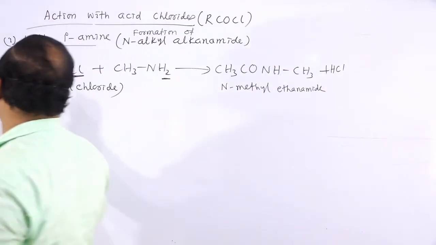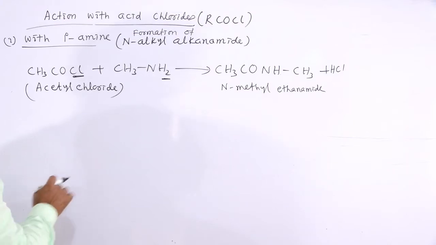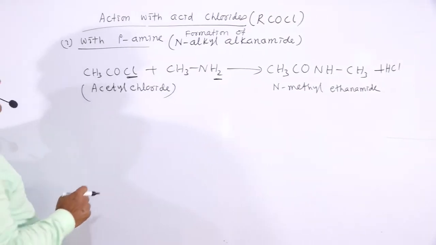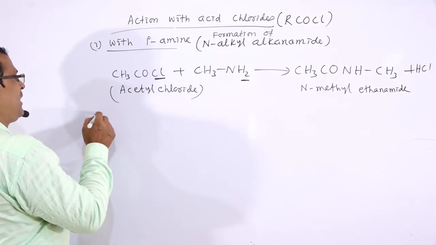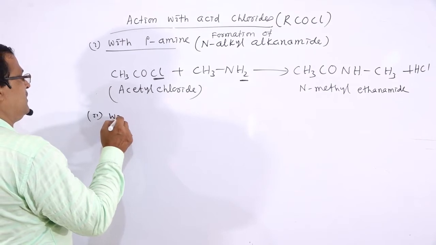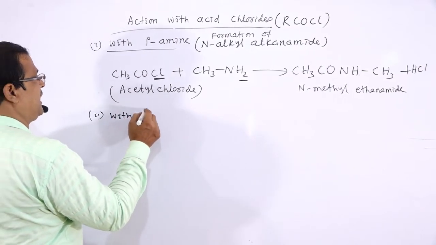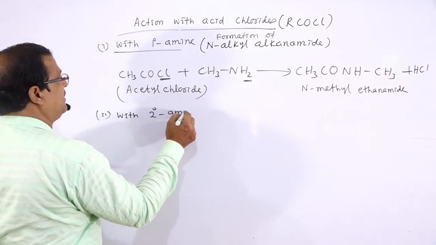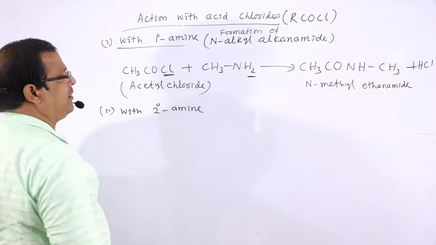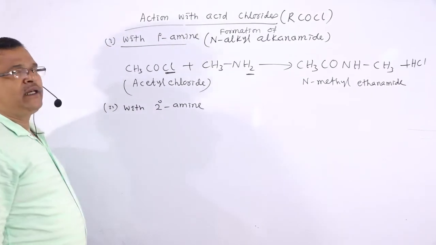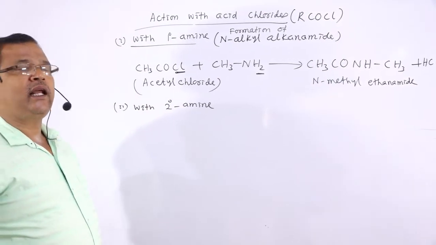So this is the reaction with a primary amine. There is the formation of N-alkyl alkanamide. Second one, with a secondary amine. How does the acid chloride react with a secondary amine?